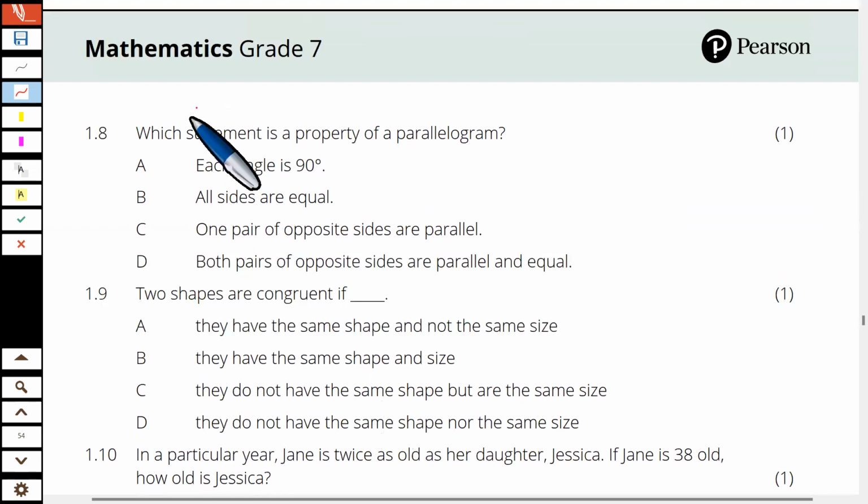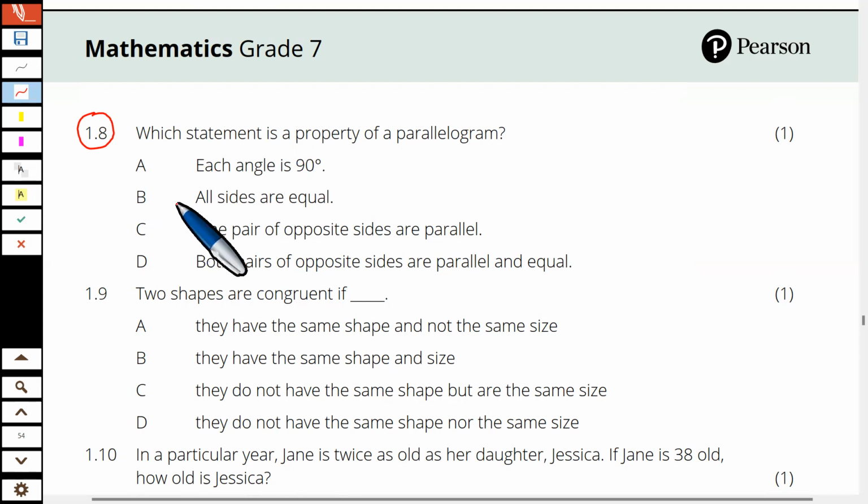1.8, which statement is the property of a parallelogram? Let's look at A. Each angle is 90 degrees. B, all sides are equal. C, one pair of opposite sides are parallel. D, both pairs of opposite sides are parallel and equal. 1.8, which one is the answer?